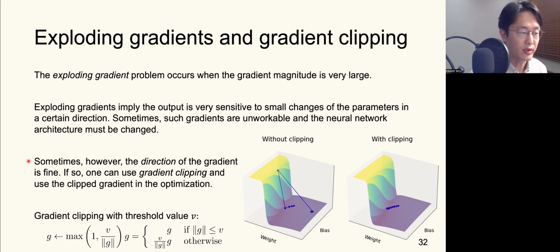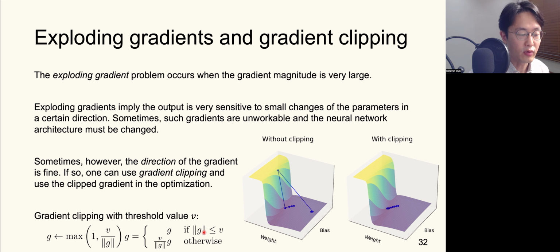In any case, going back to the exploding gradient problem, sometimes when you have exploding gradients, the magnitude is too large, but the direction of the gradient might still give you useful information. So if this is the case, then we can use gradient clipping and use the clipped gradient in the optimization. The functional form of gradient clipping looks like this, and the interpretation is that we will compare the magnitude of the gradient with a certain threshold.